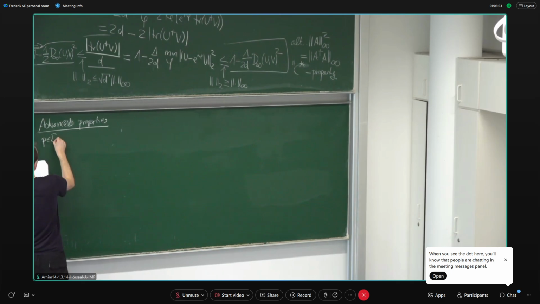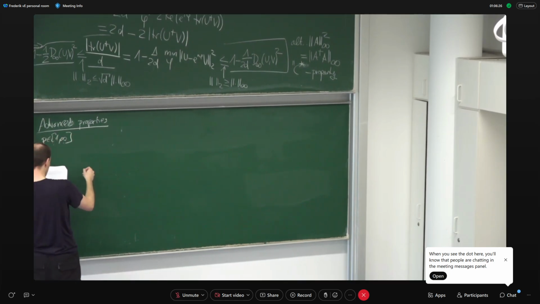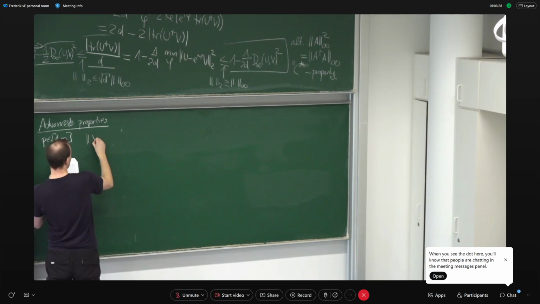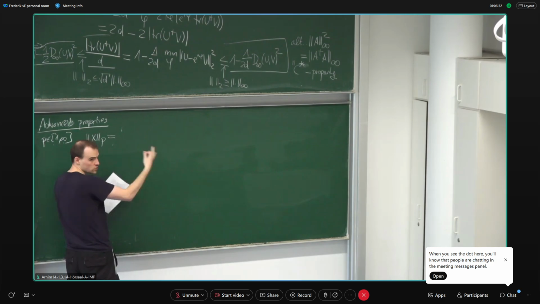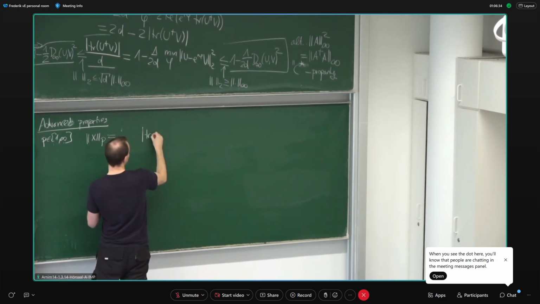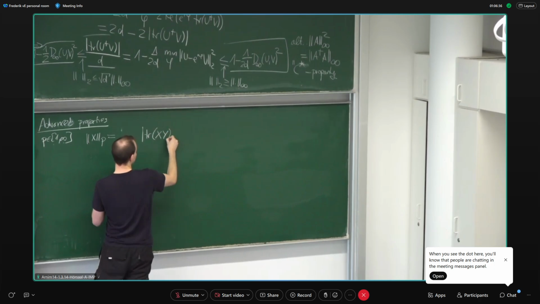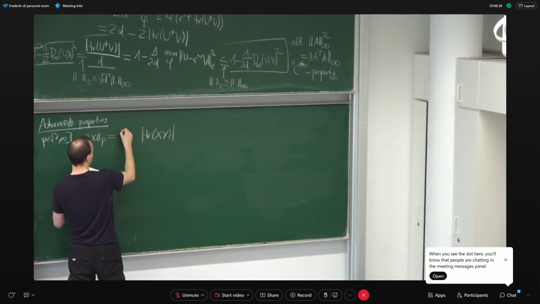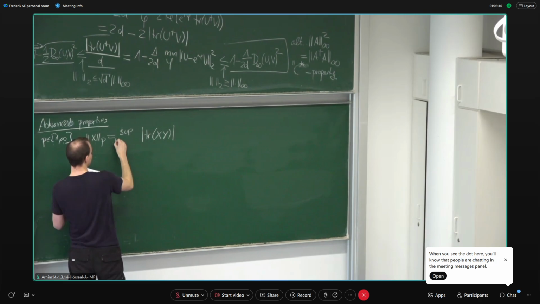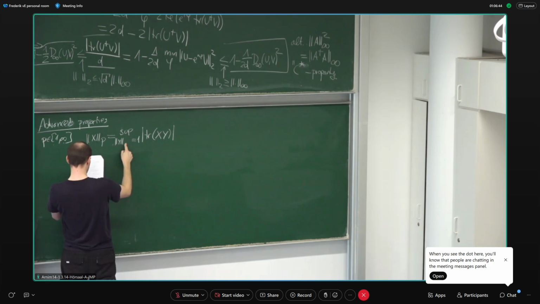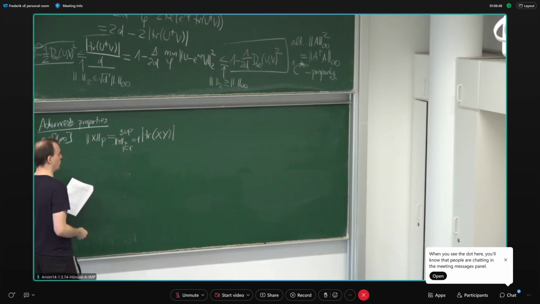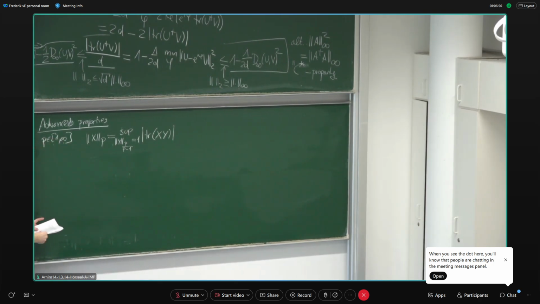So given any P, one can compute the P norm as a kind of dual optimization problem. You take the trace of X Y, and now you optimize over all matrices Y for which the P over P minus 1 norm equals 1.